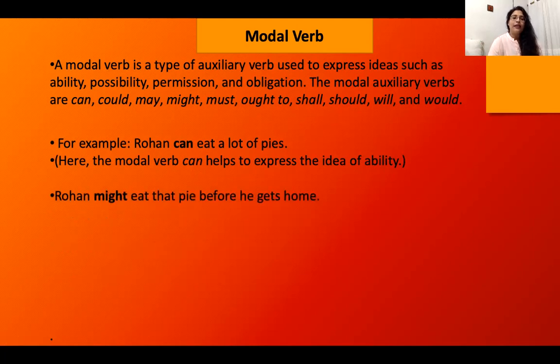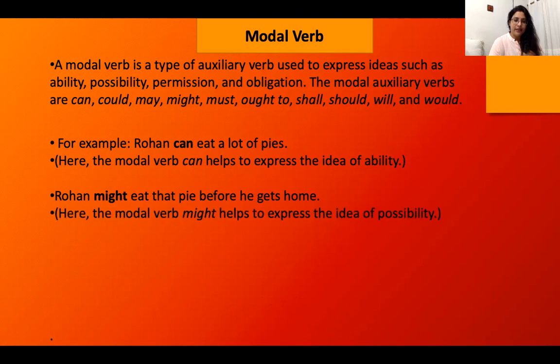Next, Rohan might eat that pie before he gets home. Here, the modal verb might helps in expressing the idea of possibility. It's just a possibility, might. It might happen that Rohan eats that pie before he gets home.